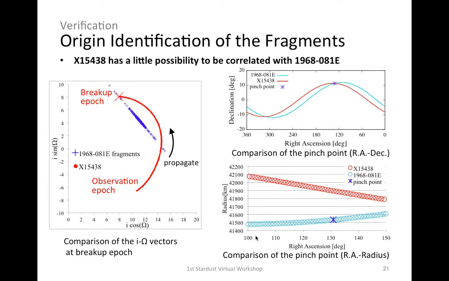The I-omega vector of the fragment is on the blue line, but it is located a little far from the center where the plots exist densely. Also, in the comparison of the pinch point, the right ascension and the declination are in agreement, but the difference between the radii of each orbit is 400 kilometers.